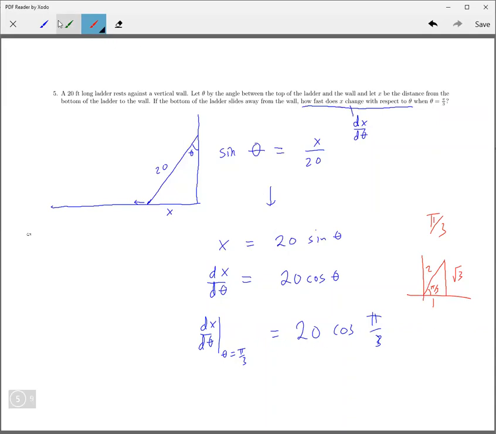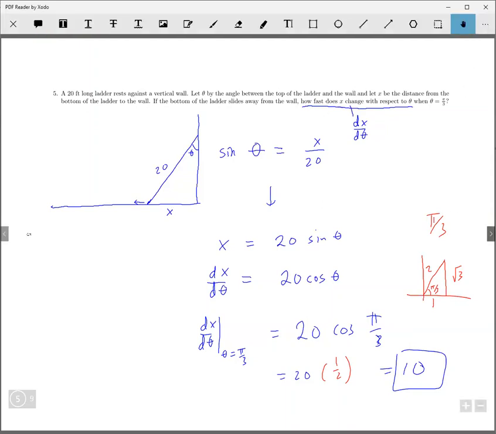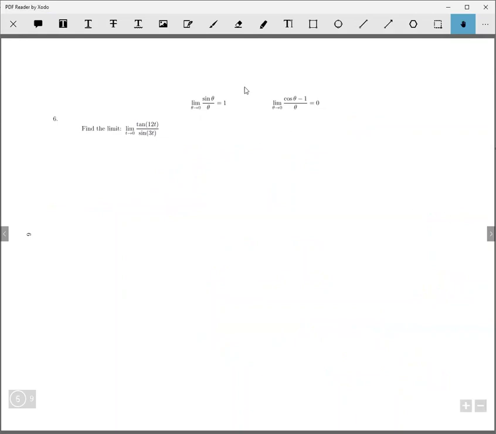That's 1/2. So the answer is going to be 10. 10 feet per radian, according to the answer in the book in the WebAssign. Okay, number 6.